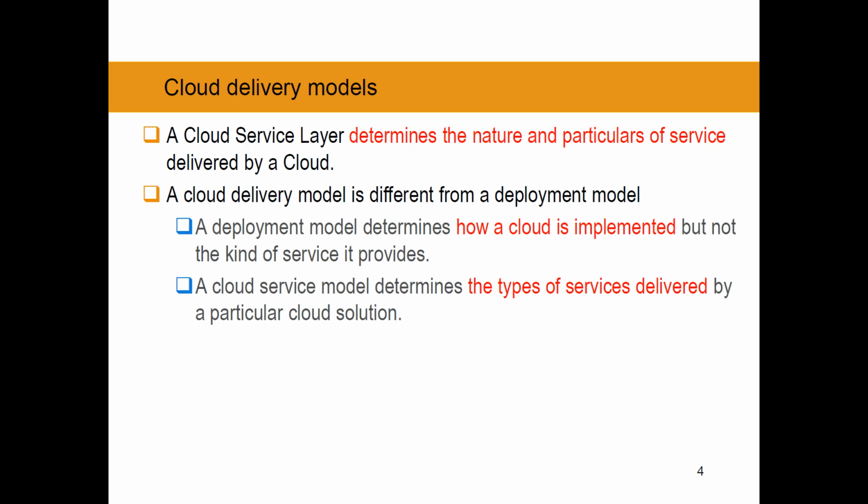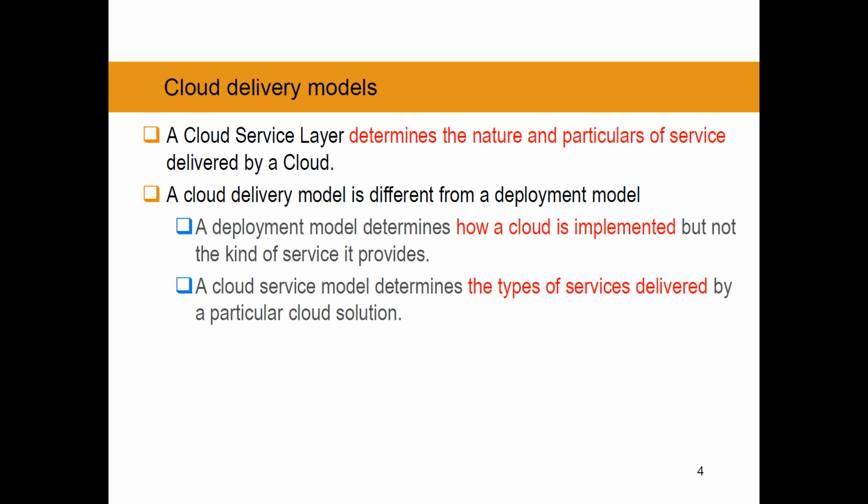You see the type of service later. Is it database, application, operating system, or instances? So this is the service. We have three main ones, right? IaaS, PaaS, SaaS, and business process as a service.